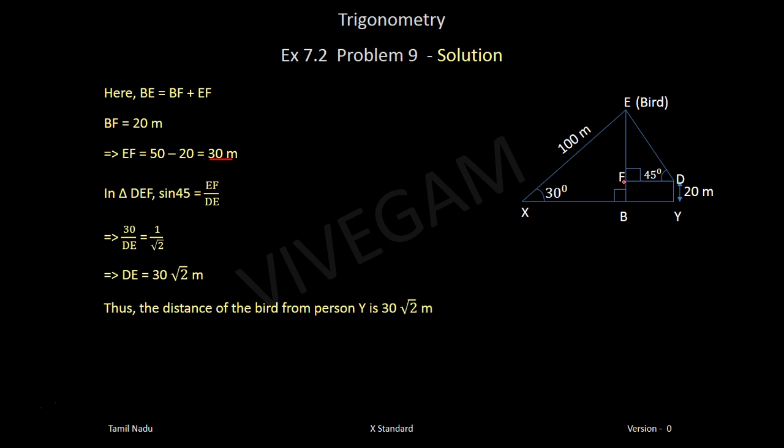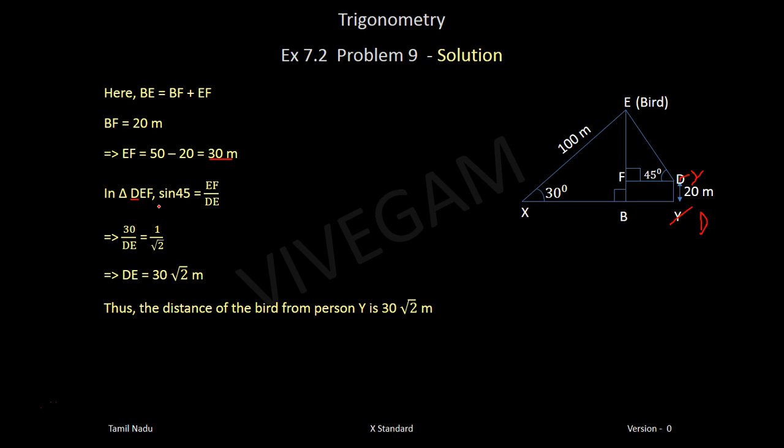Please correct it as I was just marking. This is Y, and let's put this as D. Very difficult to write. So it's not DEF, it is the YEF triangle.